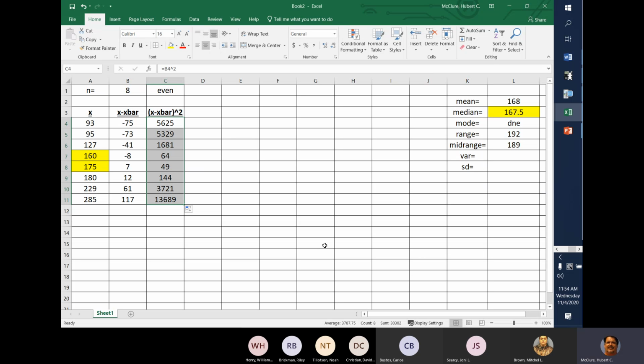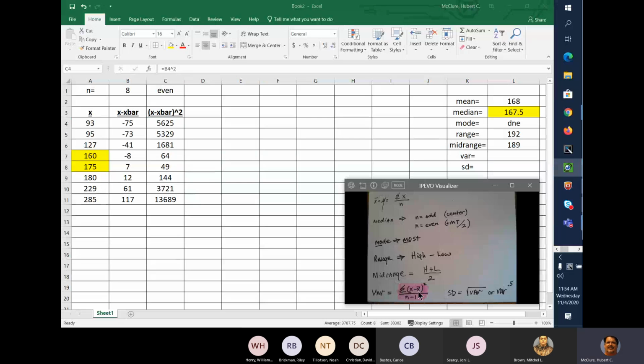Okay, so my variance, I go back to my formula. My formula says after I square it, what does that funky looking E mean? What does that big sigma mean? Sum. Means you got to add up all those numbers.